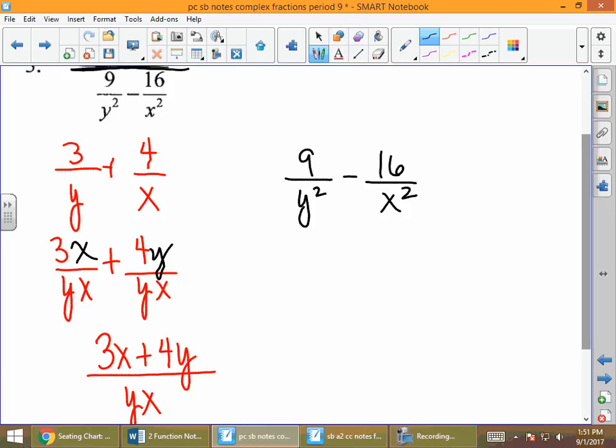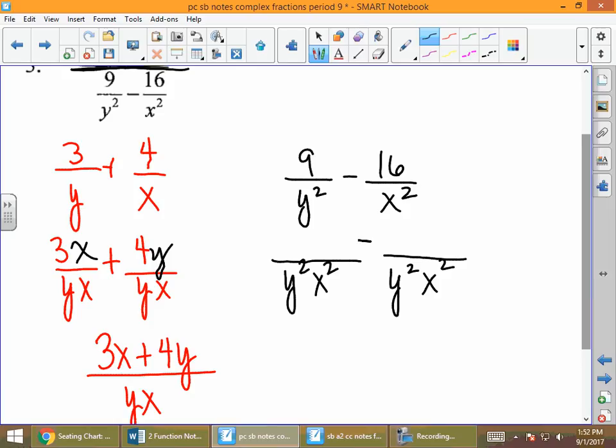Once again, we need to find the common denominator. And y squared is different from x squared. The only thing we can do is multiply the two together. And we'll get y squared, x squared. And just like before, if you want to write it in alphabetical order, that's traditional.